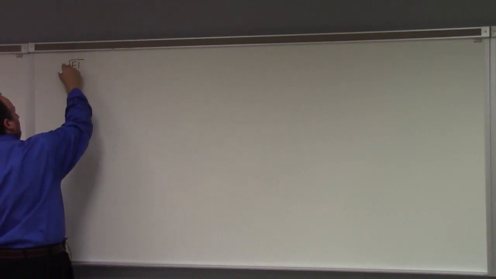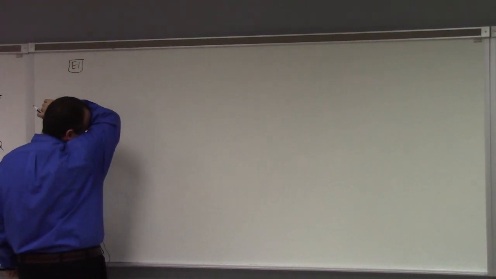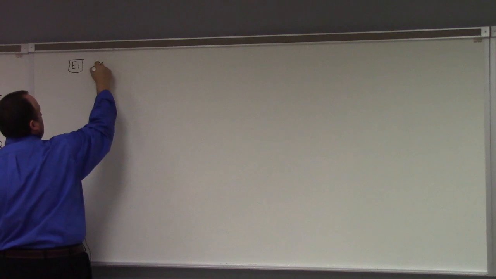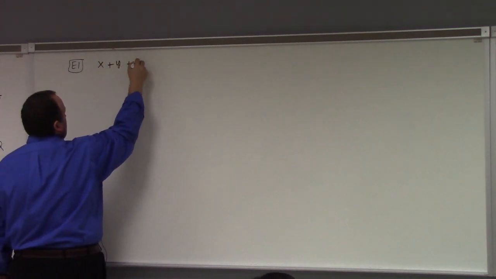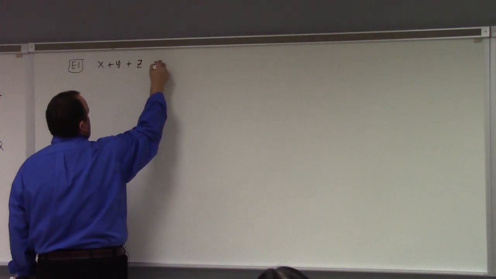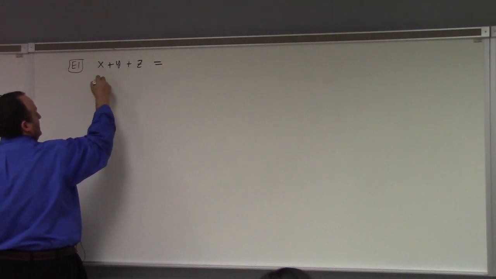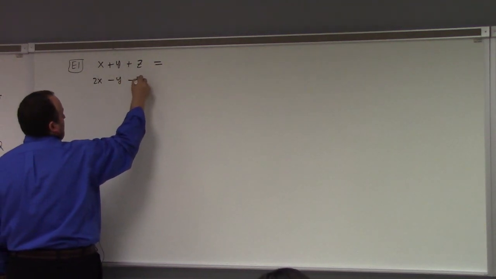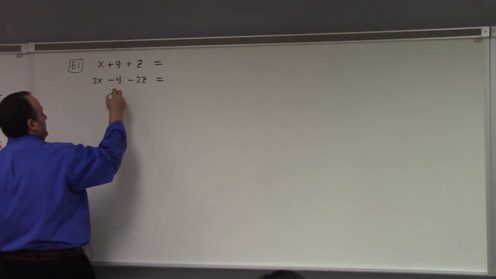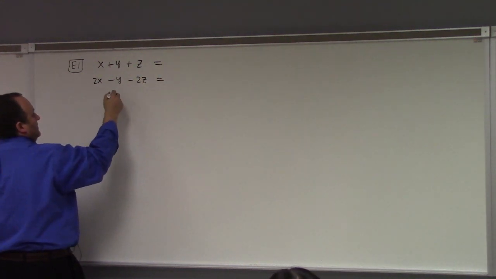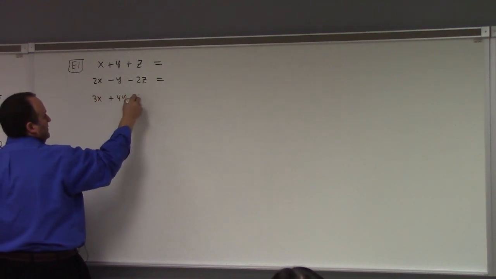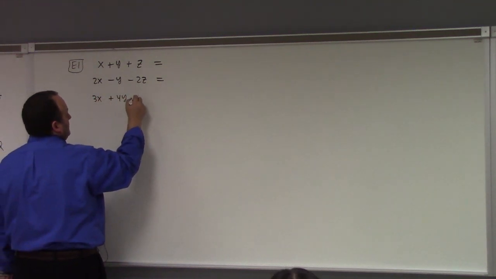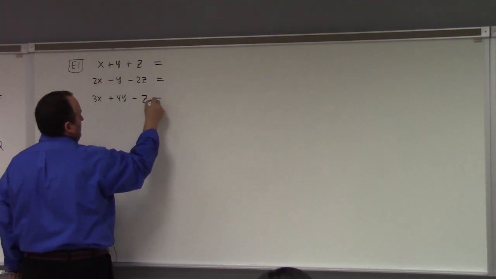So let's look at an example. Example 1. Suppose we're up against the following: x plus y plus z equals something, and then 2x minus y minus 2z equals something, and I don't know, 3x plus 4y minus z equals something.